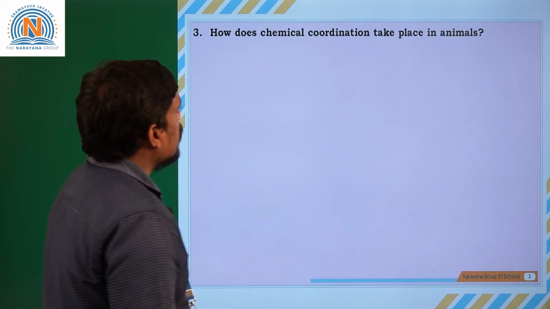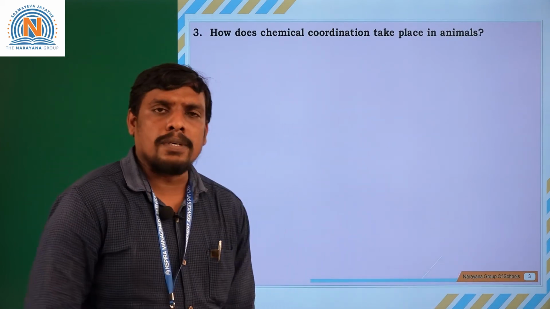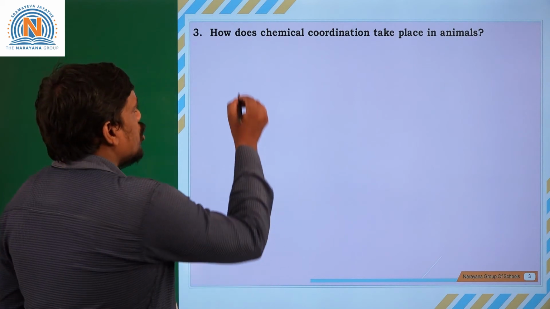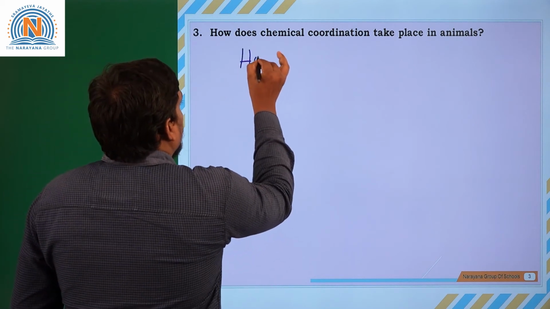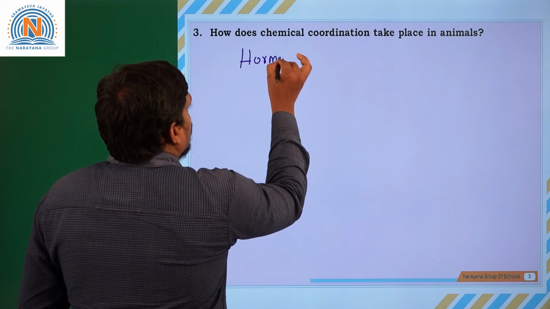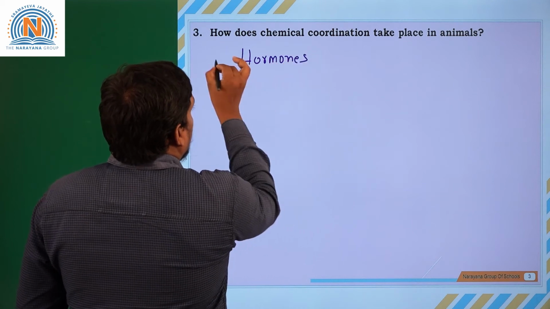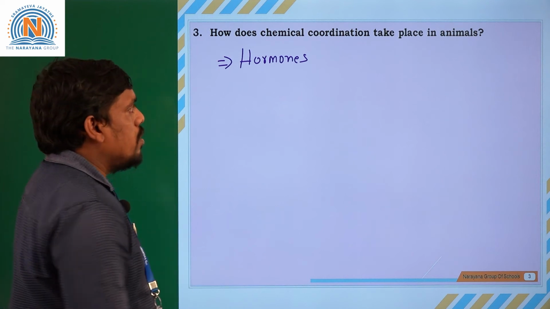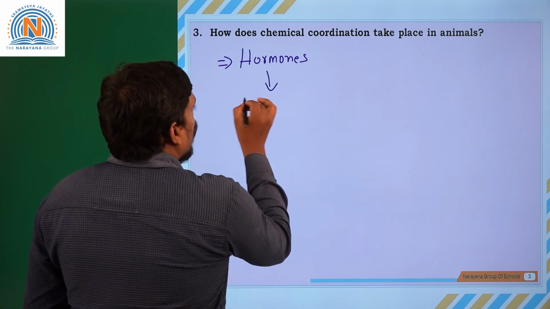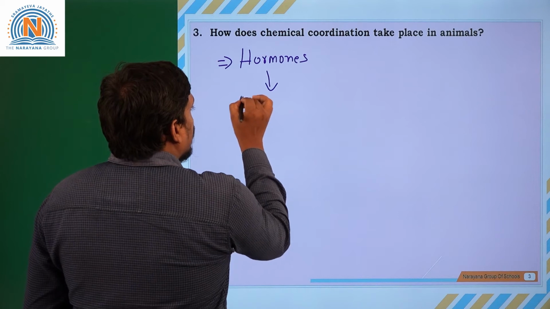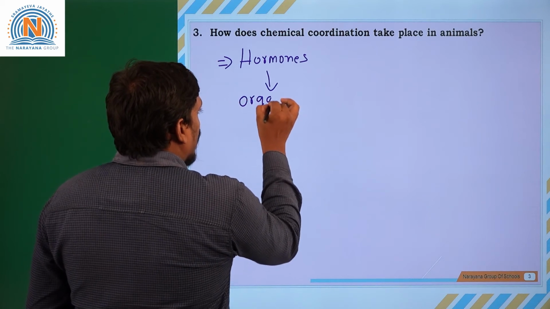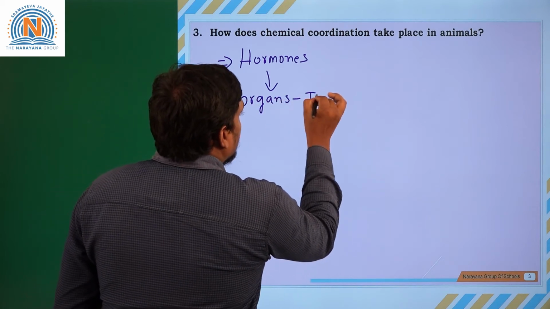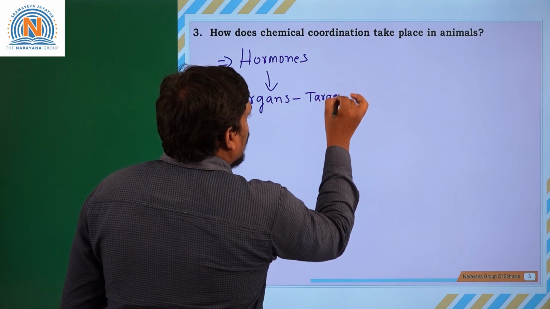Next: how does chemical coordination take place in animals? The chemical coordination takes place by certain kinds of chemicals called hormones. Clear students? These hormones control and coordinate with target tissues or organs. Organs are made up of target tissues.